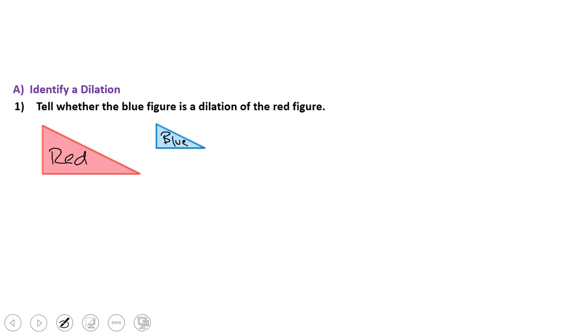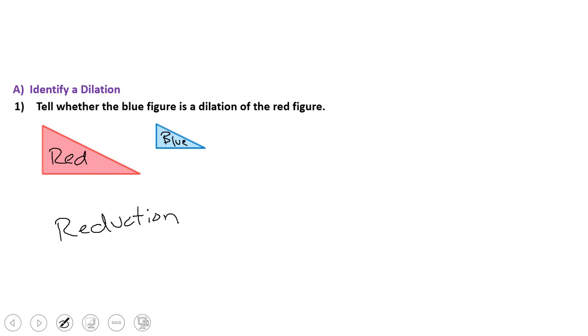We can see that the blue figure is smaller, so this would be a reduction, a dilation in which the figure is made smaller, if this is in fact a dilation. And we're looking and we do not see what we would call a center of dilation. So when I'm done with this example, you need to pick up your straight edge and draw it for yourself.